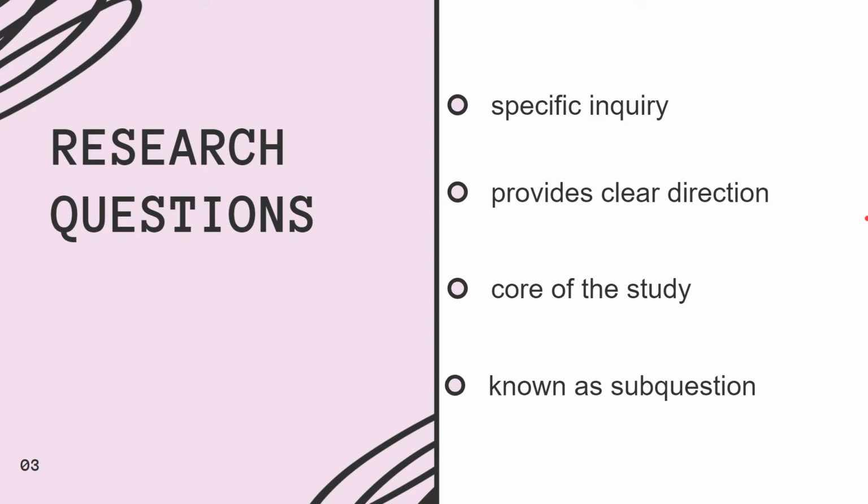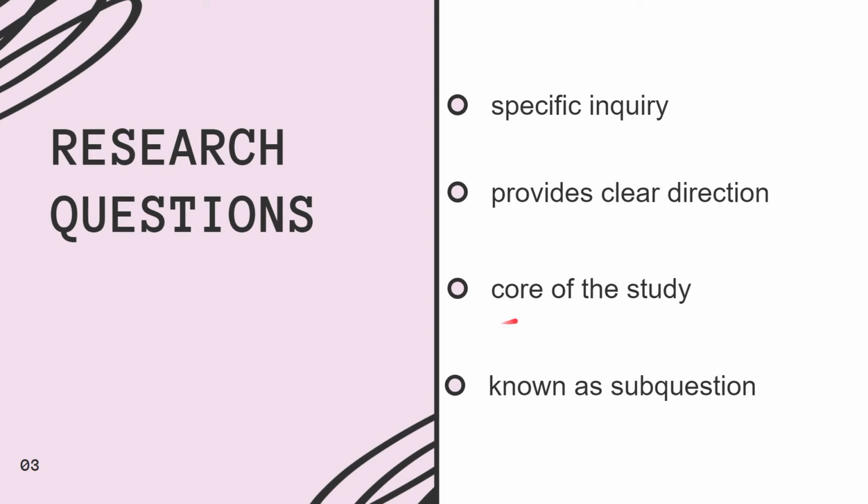A research question that provides a clear direction means that once the reader reads the research question, they will know what type of research you're going to conduct, what kind of study this is, if it's quantitative or qualitative, what kind of data you will be gathering, and so on and so forth. So we need to be clear with what direction the research is going in. So that is one of the characteristics of a research question.